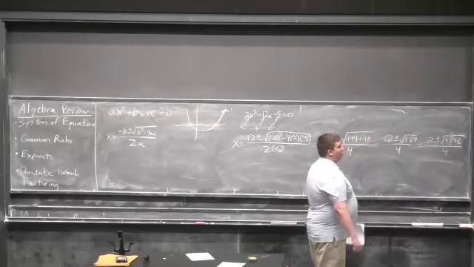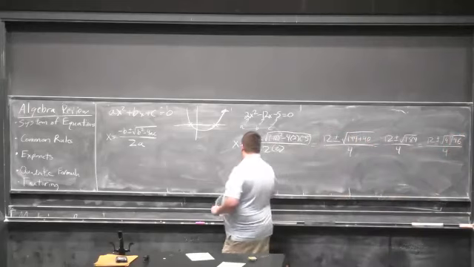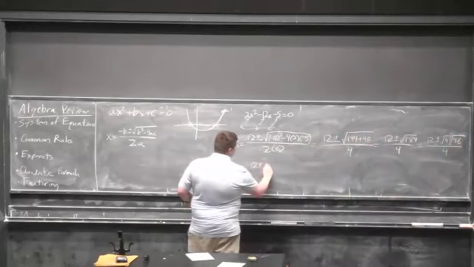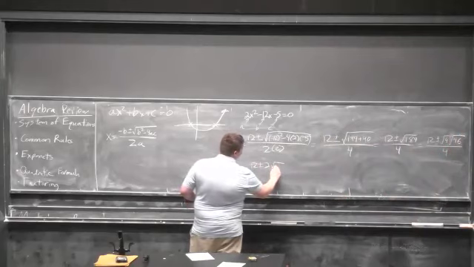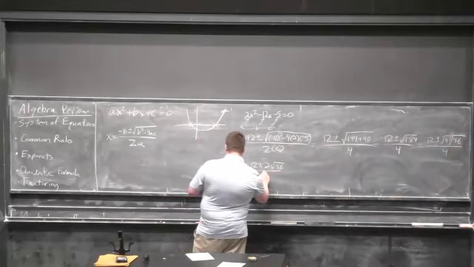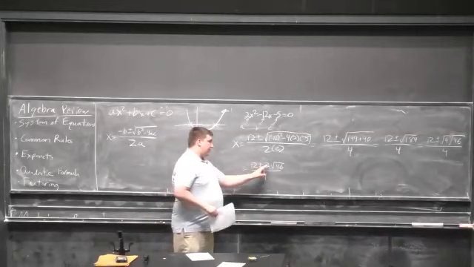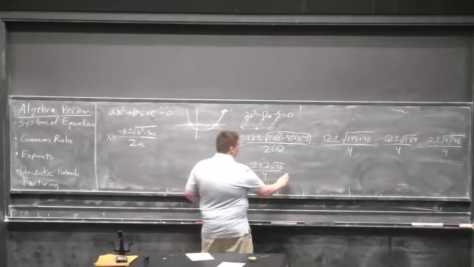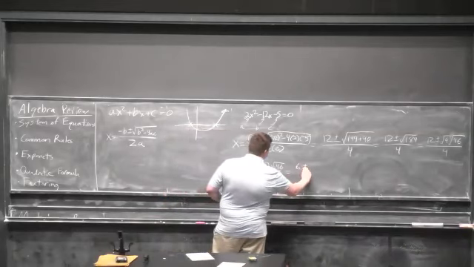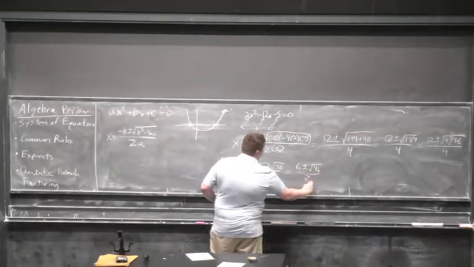Square root of 4 is 2. So now we have 12 plus or minus 2 times square root of 46. And we're going to put this all over 4. We could divide by 2 by each of these coefficients. So we're going to have 6 plus or minus square root 46 over 2.